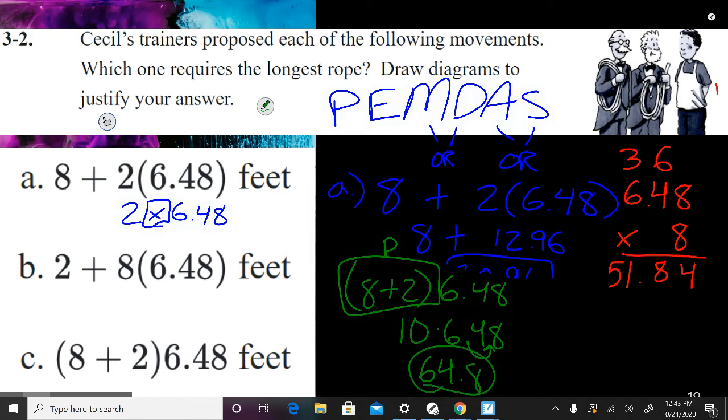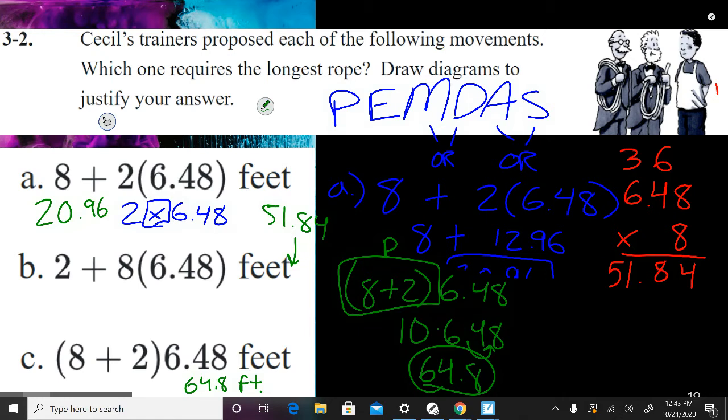So which number is the biggest? Well, we had 64.8 feet here. And then we had 51.84 for the second problem. And then the first one, that was only 20.96.